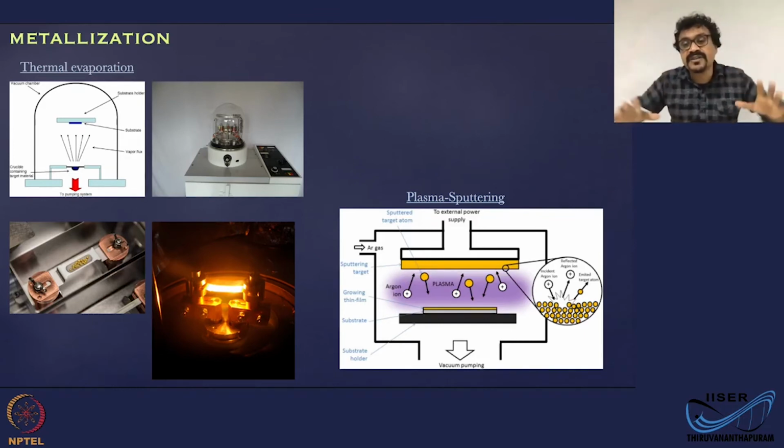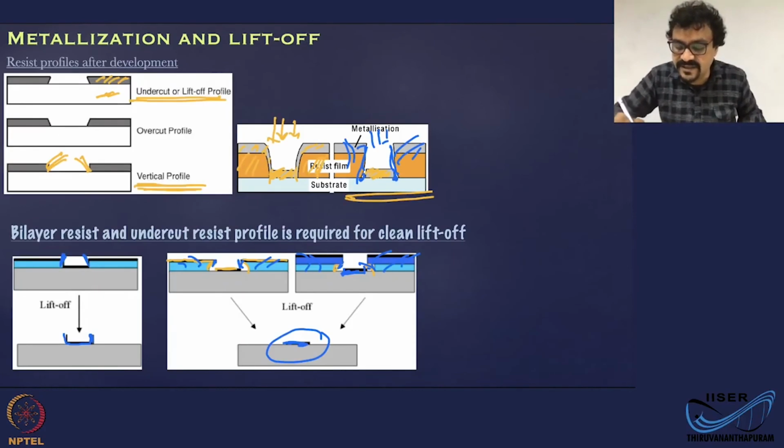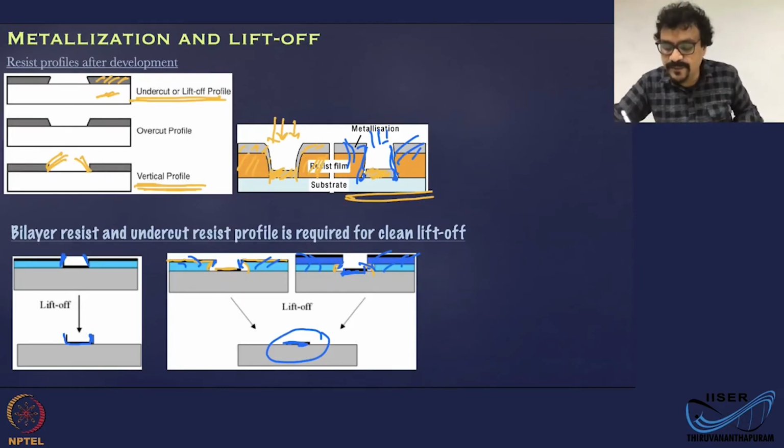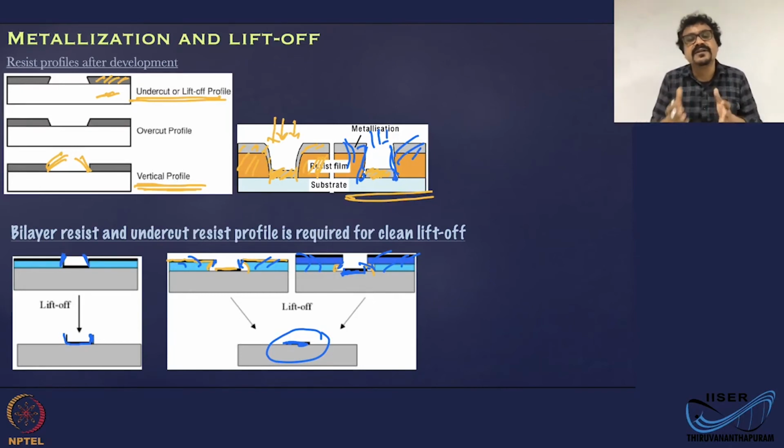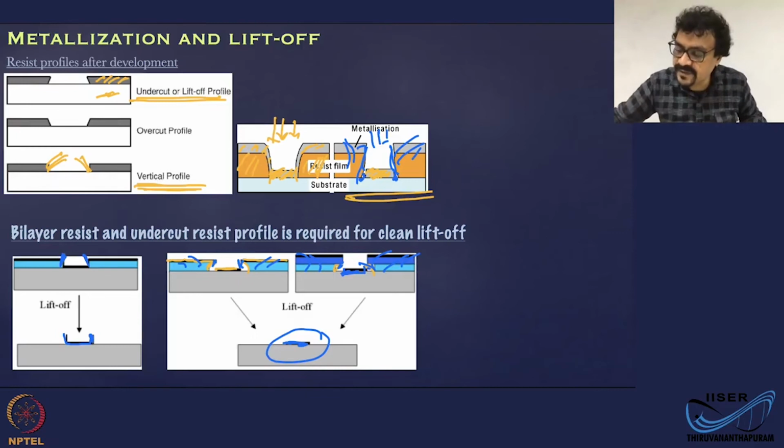So using plasma sputtering, it's very hard to get a very good lift-off profile, because the metal film also will get caught on the side walls, as we discussed here. So lifting off is not really easy when you deposit metal using sputtering.